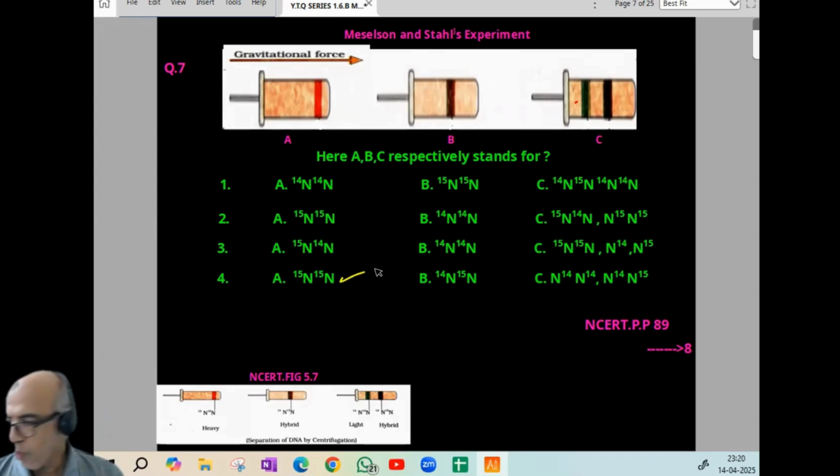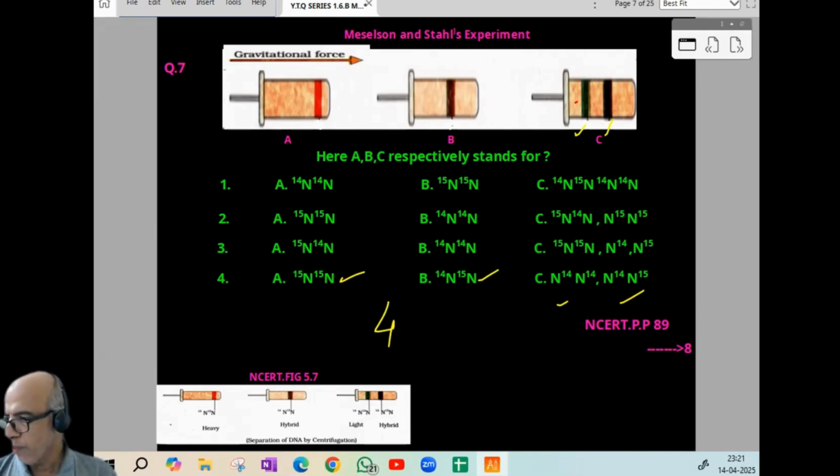B is intermediate, okay. For C, there are 2 marks. First, N14, this is right. Then the next is also N14, this is also right. So finally the answer is 4. And the direction given here is gravitational force. So N15 at the bottom, N14 at the top side, and N14 and N15 hybrid intermediate. So the 7th question option is 4.